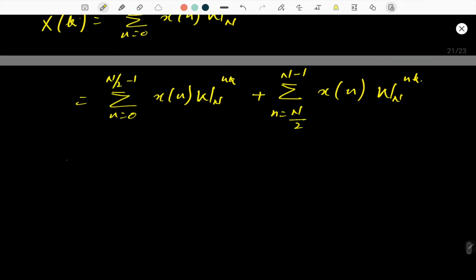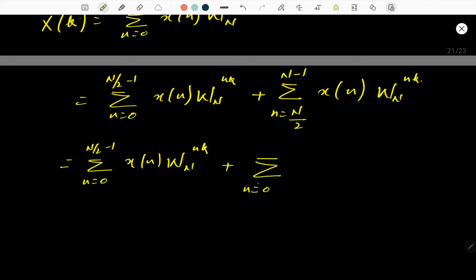Further, this becomes the summation n equals 0 to N by 2 minus 1 of x(n) W_N^nk, plus the summation of n equals 0 to N by 2 minus 1, where we need to write x(n plus N by 2) W_N^(n plus N by 2)k.